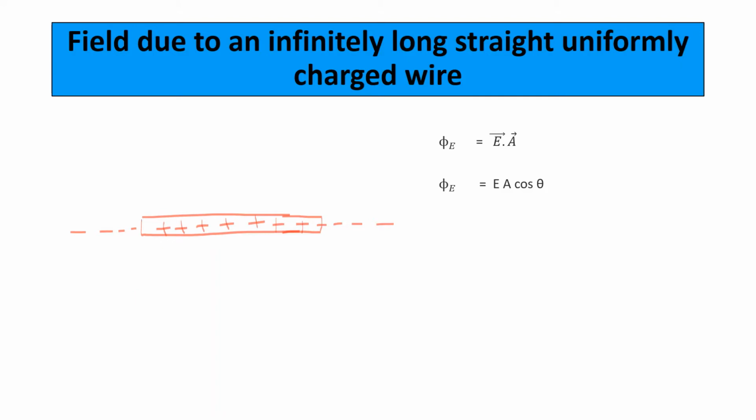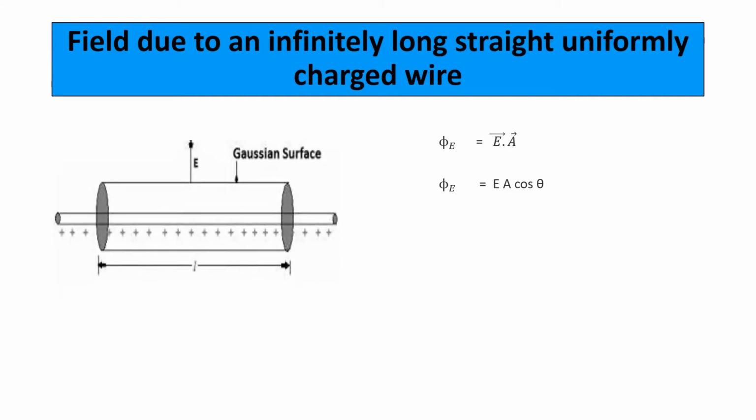Since this is an infinitely long wire, you need some surface to explain the electric flux, isn't it? So we will consider a small cylindrical surface on this charged wire. This is the Gaussian surface. This is the cylindrical surface which you are considering, and this is the infinitely long, uniformly charged wire.